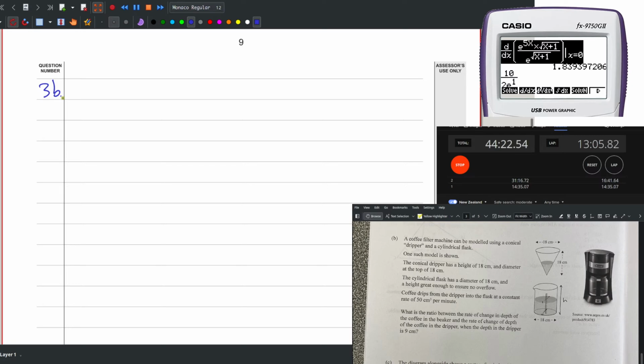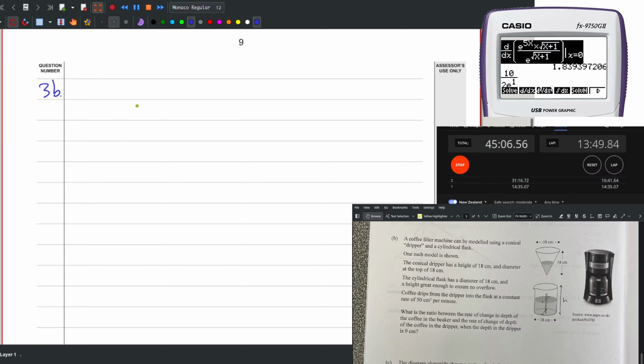Okay, 3v. So what's the ratio between the rate of change and depth of the drips from the dripper into a flask? At a constant rate. Okay, so, oh wait, what?